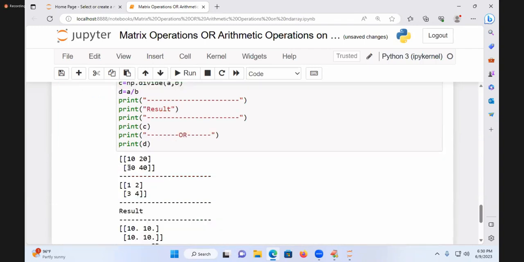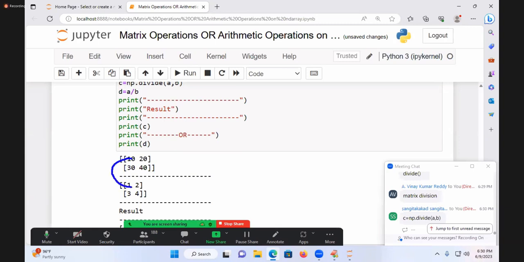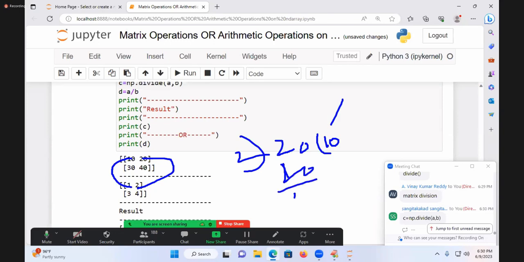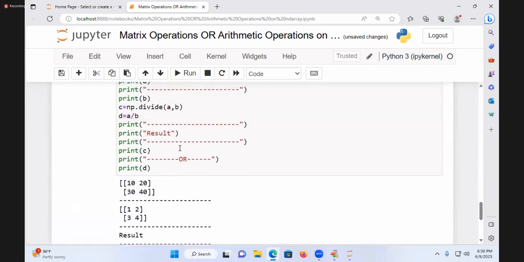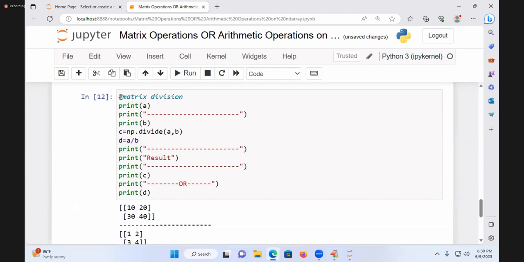See that 10 by 1 is 10 point 0. 20 by 2 is 10 point 0. 30 by 3, 40 by 4, all give 10 point 0. Always floating results come. 10 point 0 is the result that is coming. Understand? Similarly, I will go for matrix division.